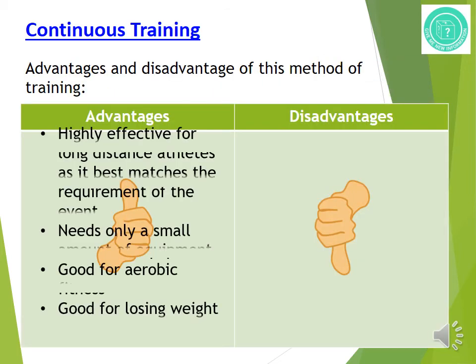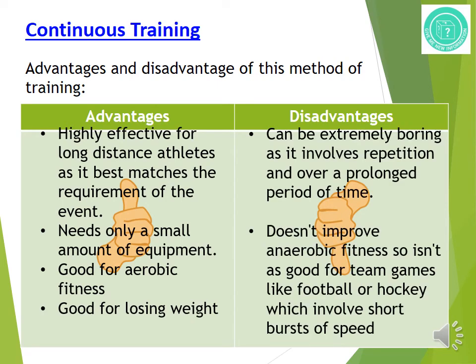Okay, so let's have a look at the advantages and disadvantages. You might have worked some out for yourself, make sure you note these down. So this one is really effective for long distance athletes because it's very specific. So they hear that word again, specific to principle of training. Yeah, so it's really specific.